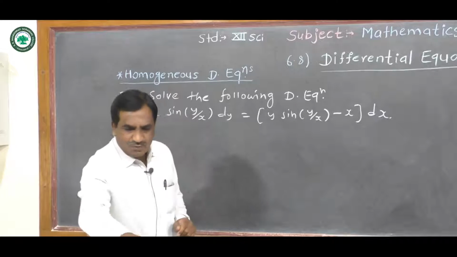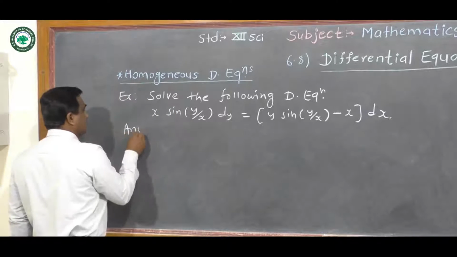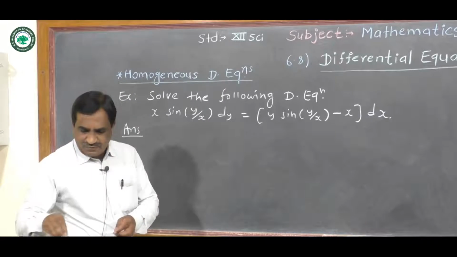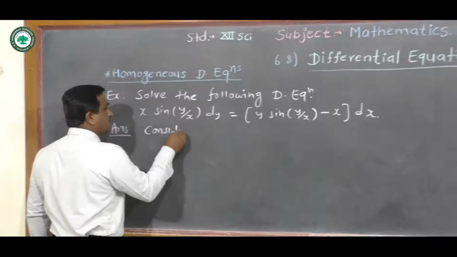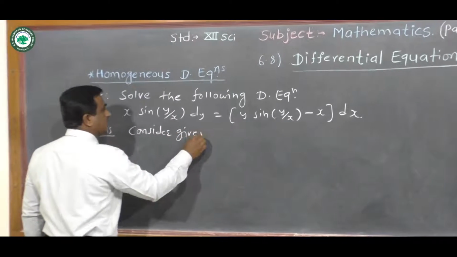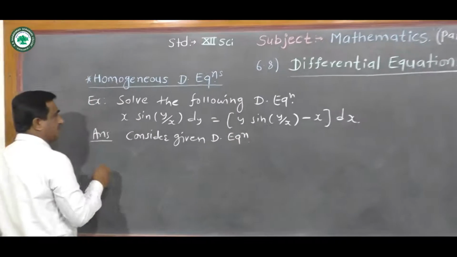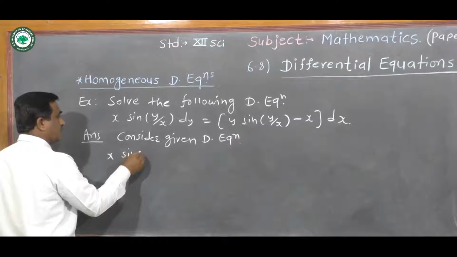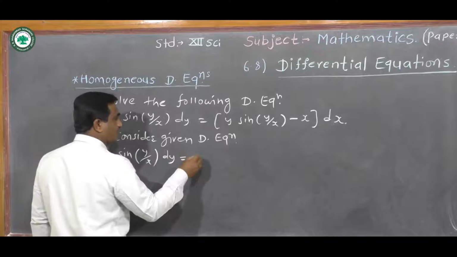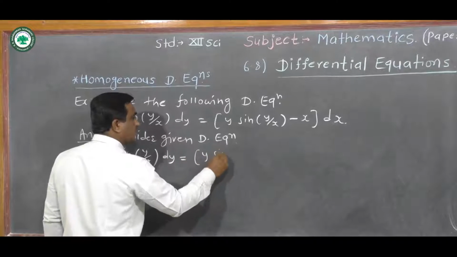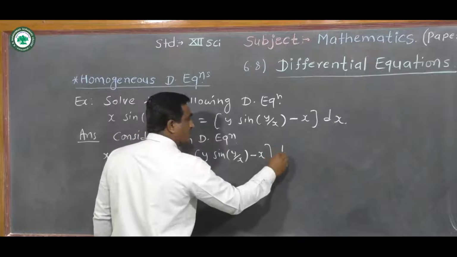Okay, now we see the answer for this example. Consider the given differential equation, that is x into sine of y upon x into dy is equal to y into sine of y upon x minus x into dx.